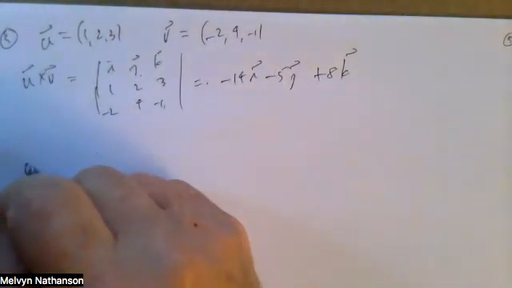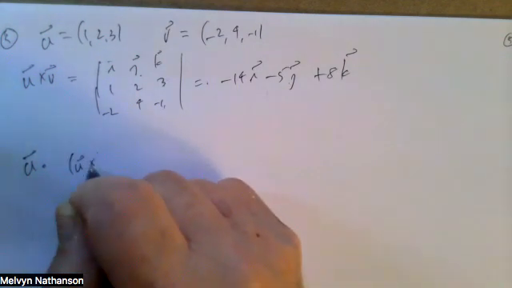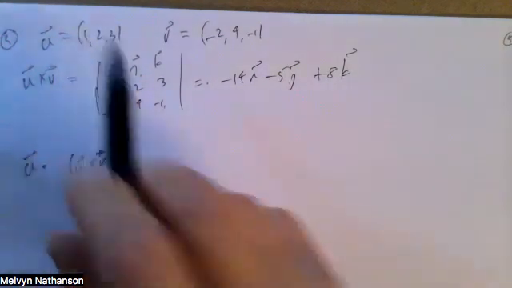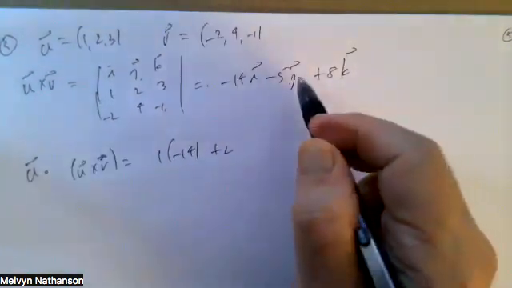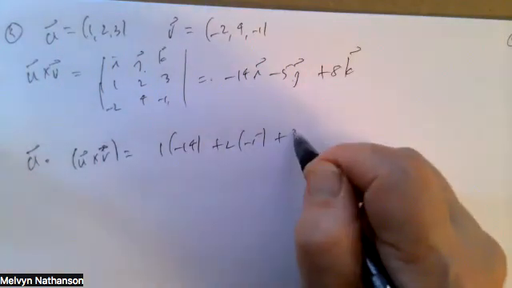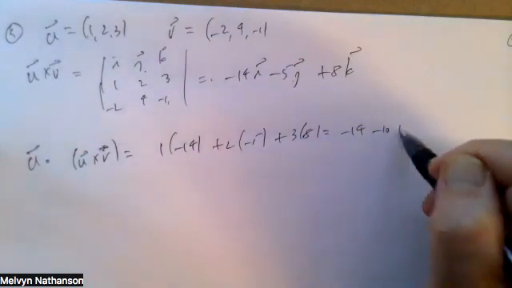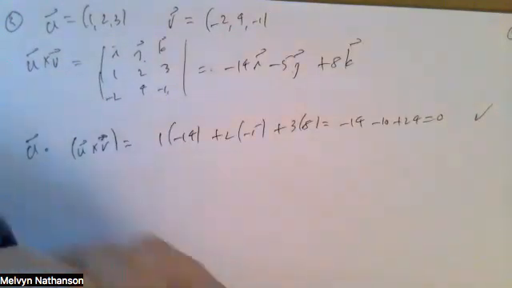So let's just check. Let's just take u, because two vectors are perpendicular or orthogonal if the dot product is 0. So let me take u with the cross product. So I multiply coordinates. I get 1 times minus 14 plus 2 times minus 5 plus 3 times 8. I get minus 14 minus 10 plus 24 is 0. So that checks.